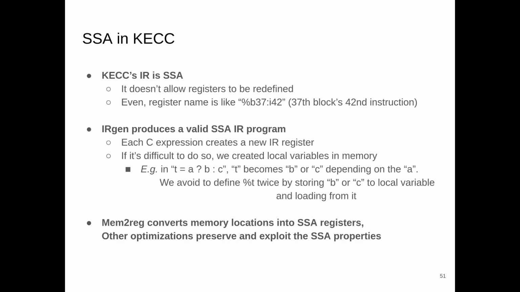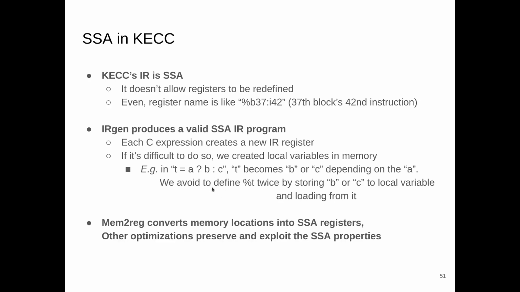In order to circumvent this problem, we are going to use a local variable in memory. At the beginning of the translation, we create a local variable that will store the intermediate result of this translation. In the true branch, you just store the value B to the memory location. In the else branch, you store C to the same memory location. It is perfectly okay because memory locations can be stored multiple times, whereas a register should be defined only once.